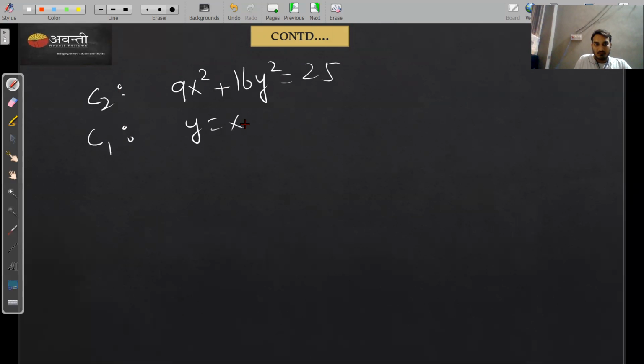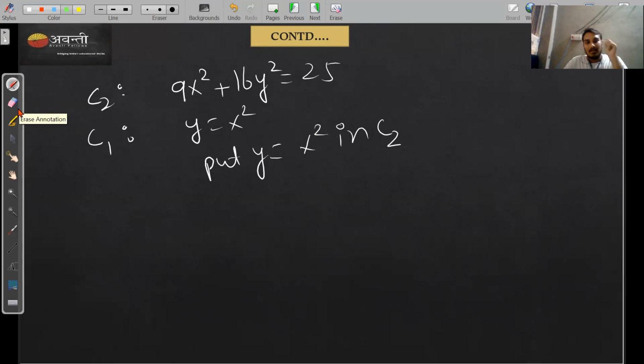And the C1 curve is y is equal to x square. Now put y equal to x square in C2. So what do you get? Sorry, even if I put y equal to x square, I get a power 4 equation, right?